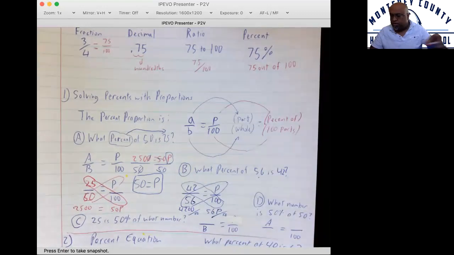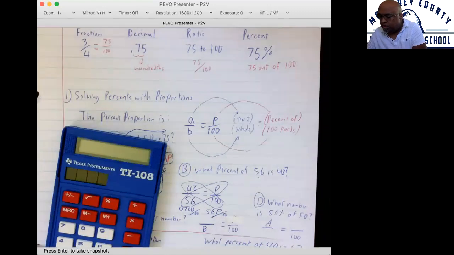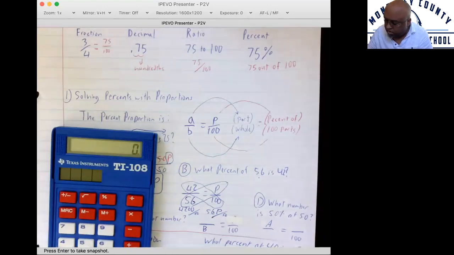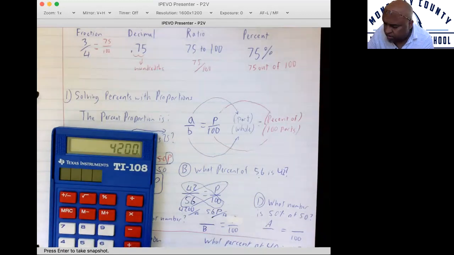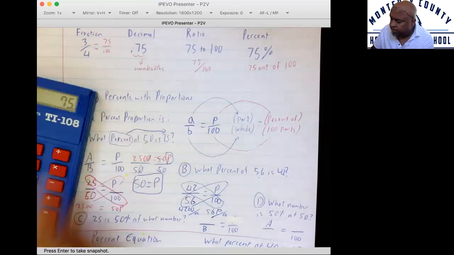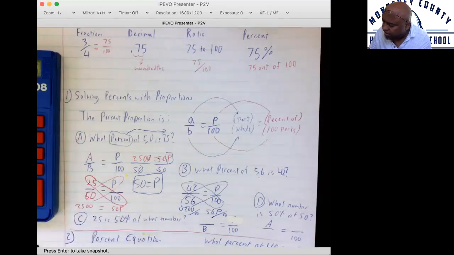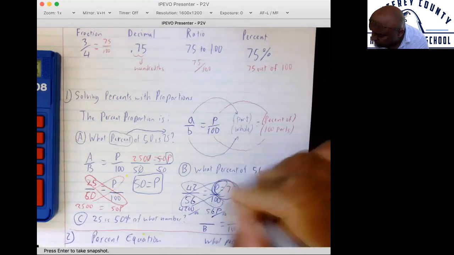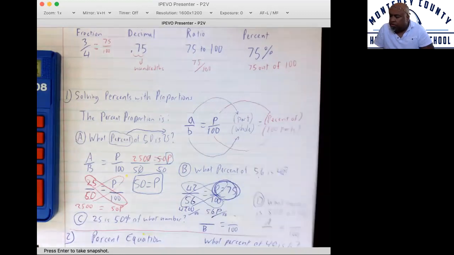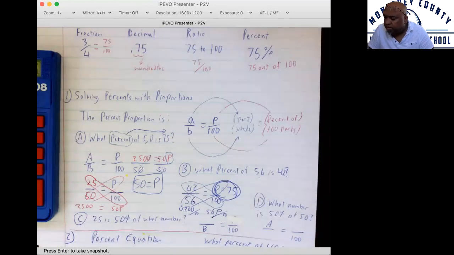And just to save my brain, I'm going to use the calculator. 4,200 divided by 56 is equal to 75. So my answer here, P is equal to 75. So 42 is 75% of 56.